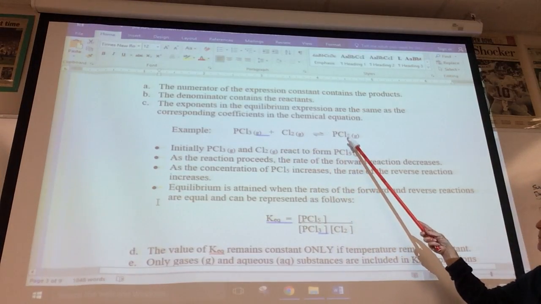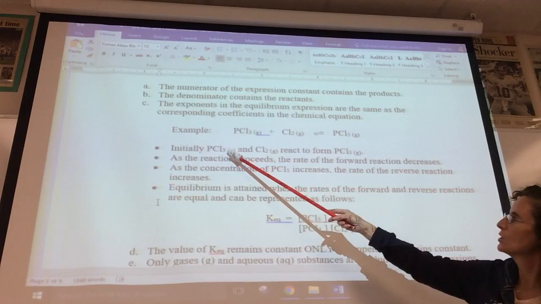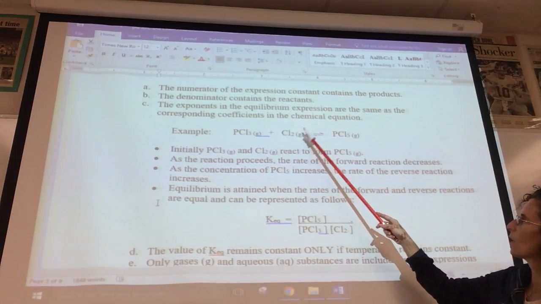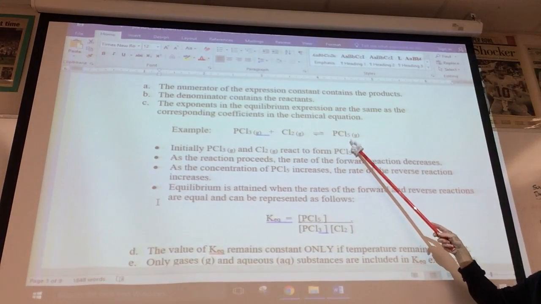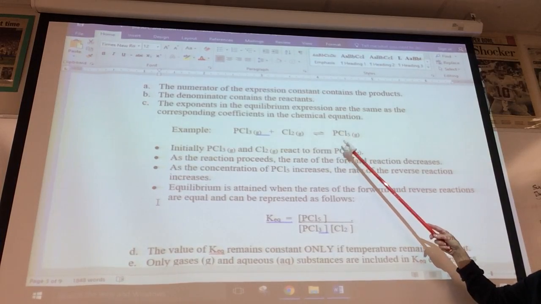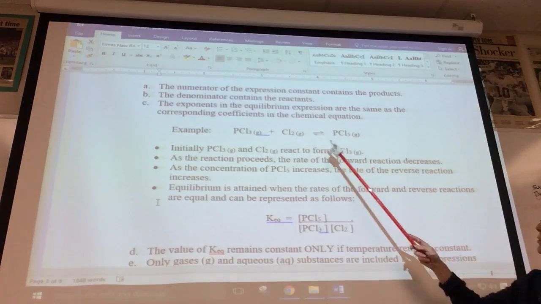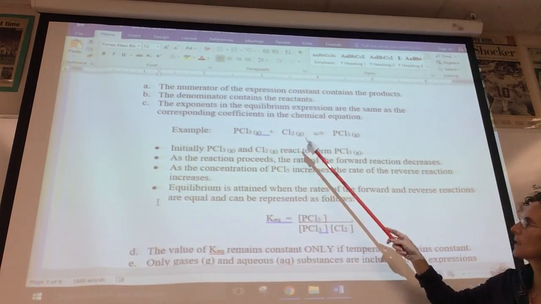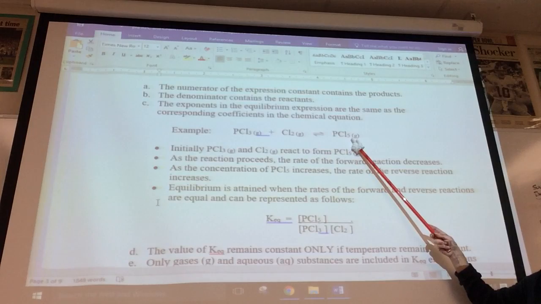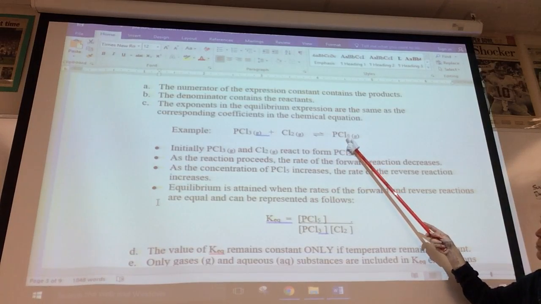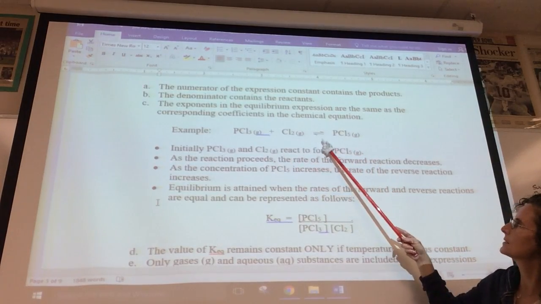you can see initially these two substances are reacting to form phosphorus pentachloride. As the reaction goes, the rate of the forward reaction will decrease as these are being used up. As this gets generated, it will then break down into these substances.